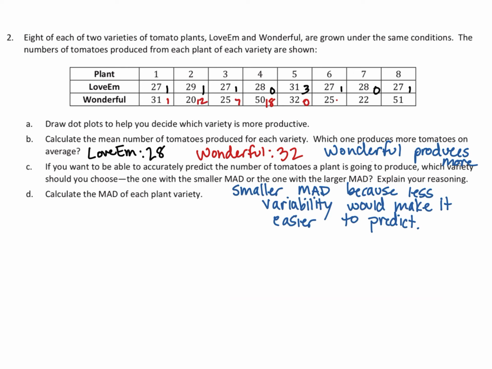For Love 'em, you get 8. And for Wonderful, you end up with 74. Then we need to divide by 8 because there are 8 values.